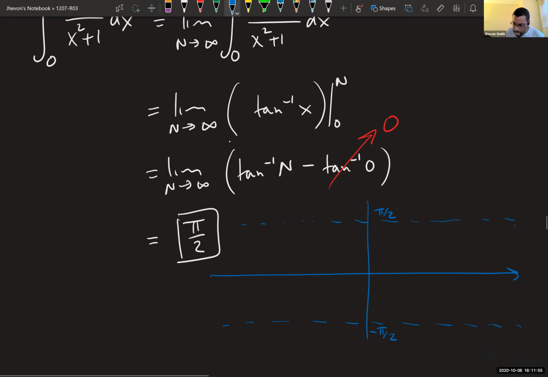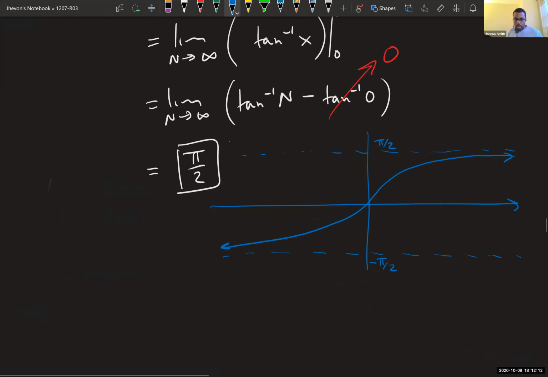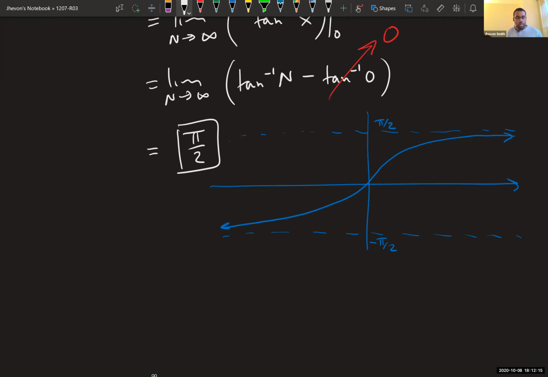It looks like an S. So as you're going off to infinity, it approaches positive pi over 2. As you're going to negative infinity, it approaches negative pi over 2. That's something that you should know. I'm assuming you know it.